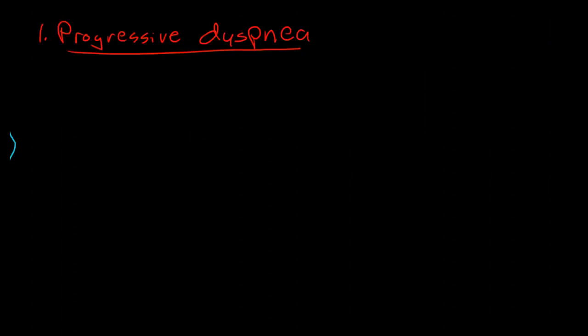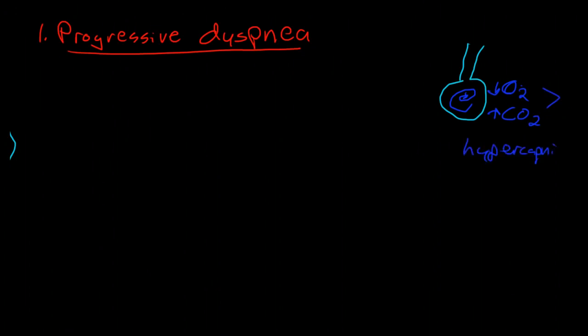And patients with COPD become dyspneic because we are interfering with their gas exchange in the alveoli, and you end up with air trapping. As this air is trapped, it begins to have very low levels of oxygen and very high levels of CO2, and this is reflected in the blood with hypercapnia and hypoxemia.